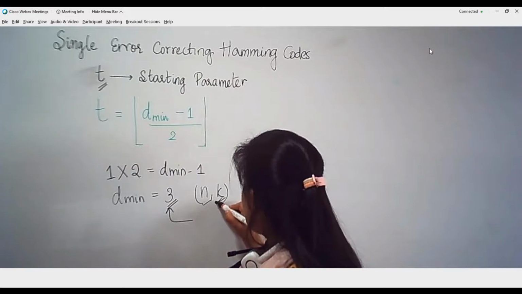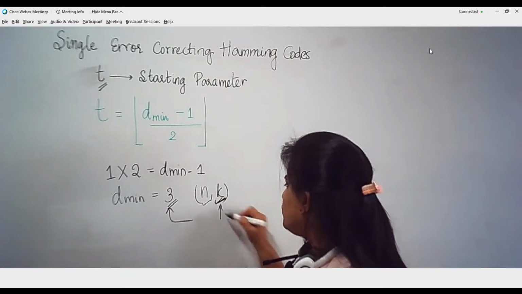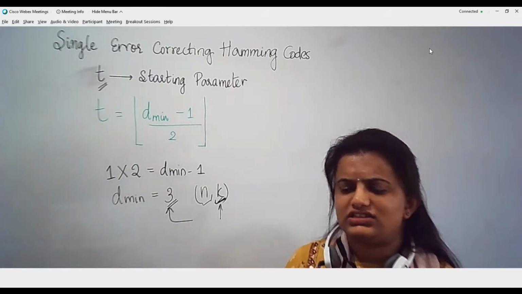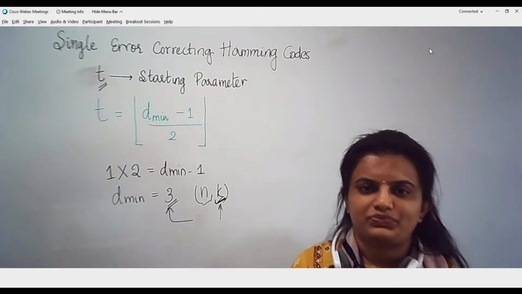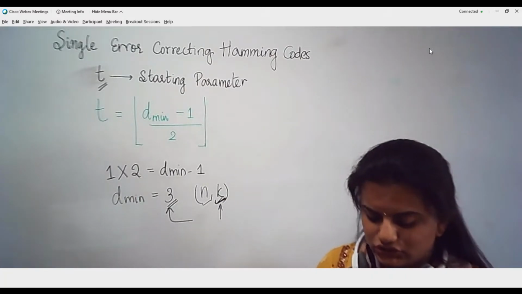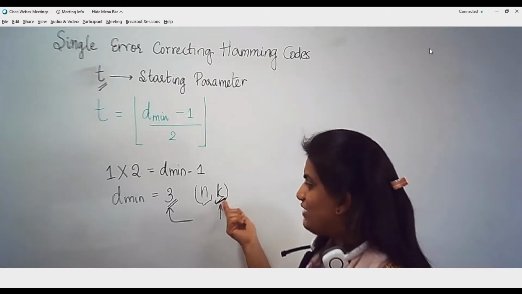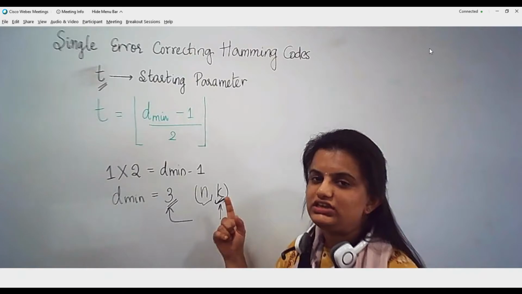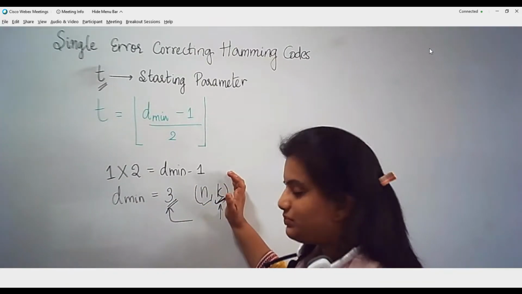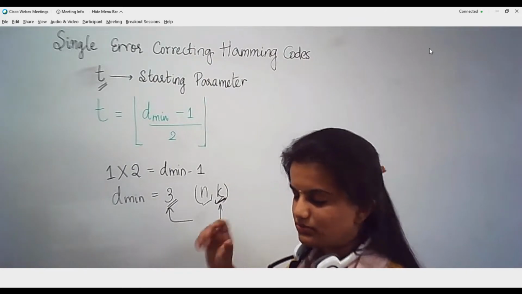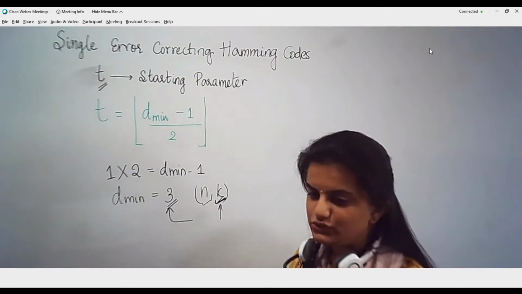This k will also be known to a designer, because it is we who split the information bits into the required number of blocks. So basically k will be known, and the only unknown here is n. I know the dmin that needs to be achieved, the number of input bits to a block, and then the number of output bits I am supposed to calculate.